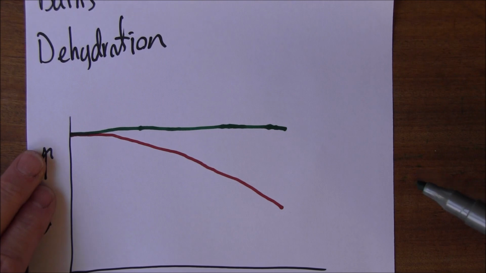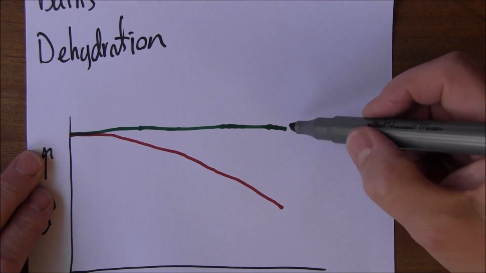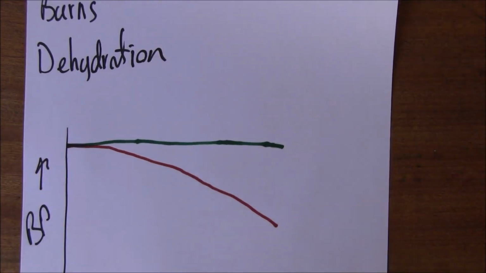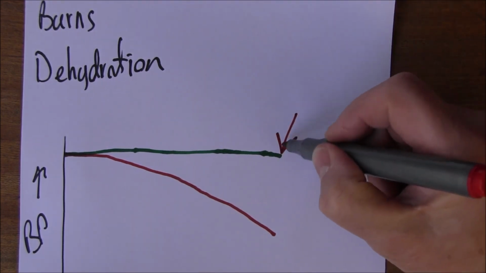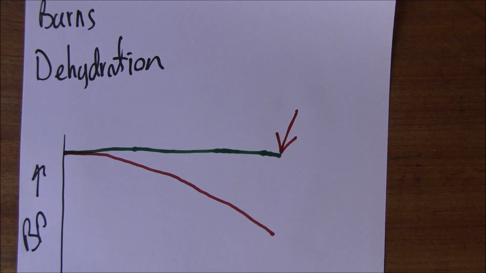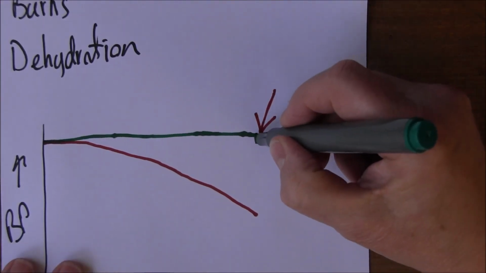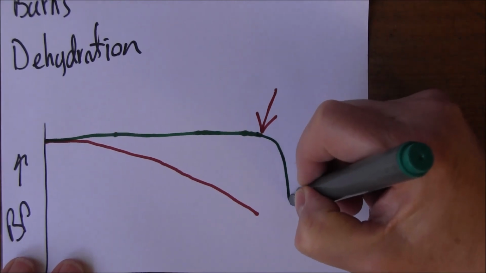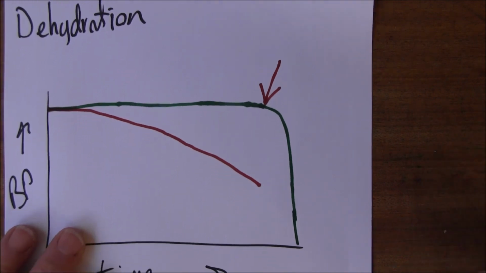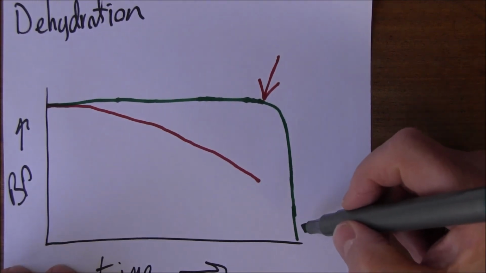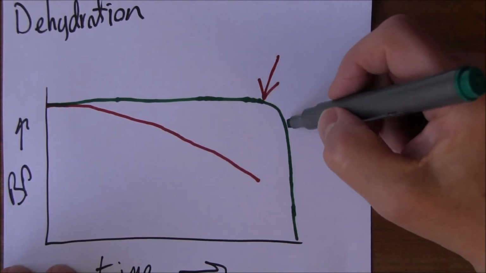But what happens is, all of a sudden, they reach a decompensation point just here. They are no longer able to compensate. And they decompensate very rapidly. And we're going down into areas here which are not associated with survival. They have very rapid decompensation.